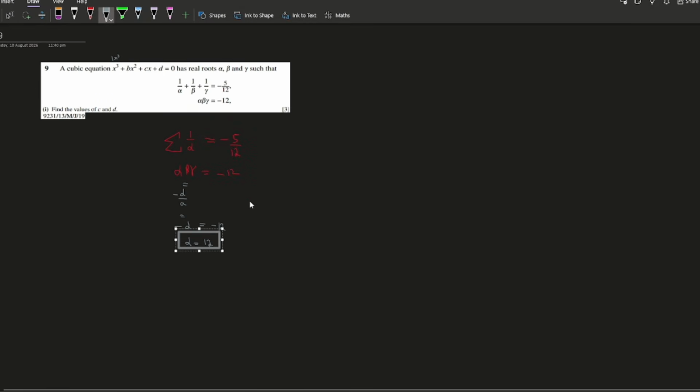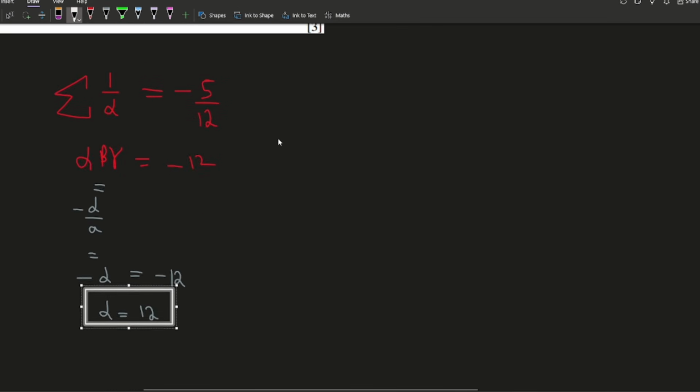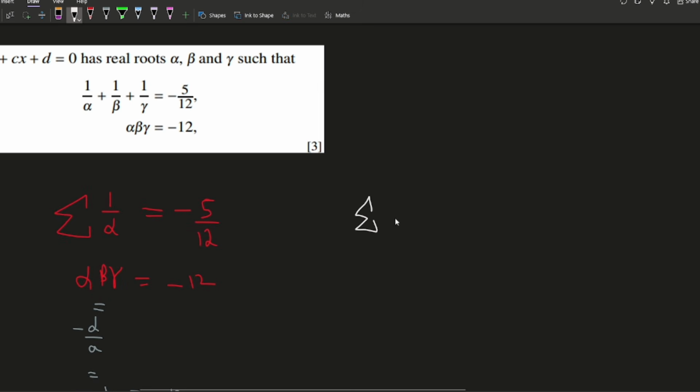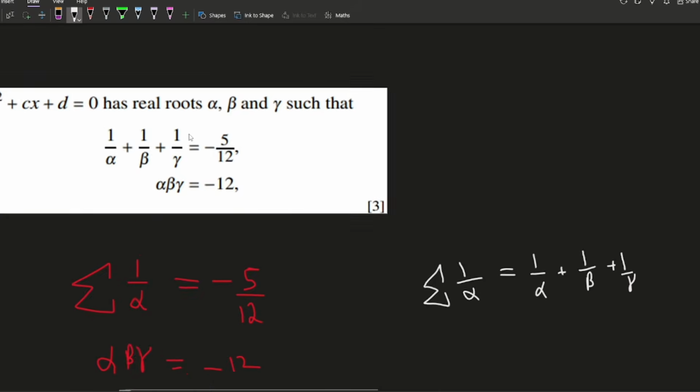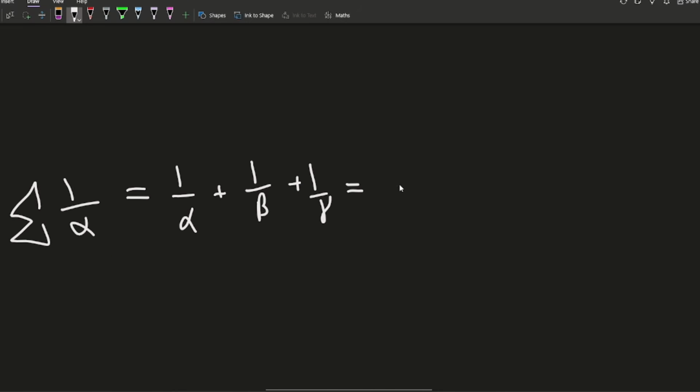So now let's try finding the value of c. The sum of the inverse of roots is basically 1 over alpha plus 1 over beta plus 1 over gamma. And this is equal to minus 5 over 12, which is given in the question.